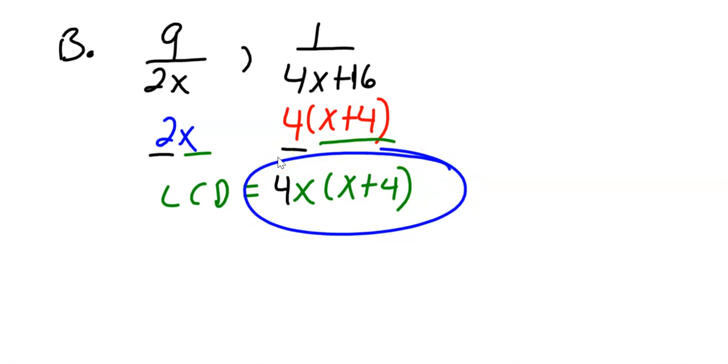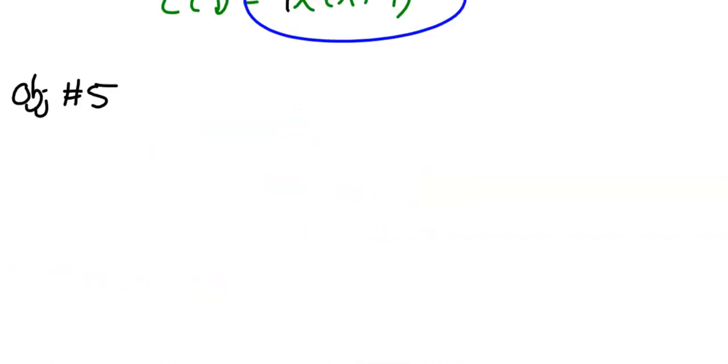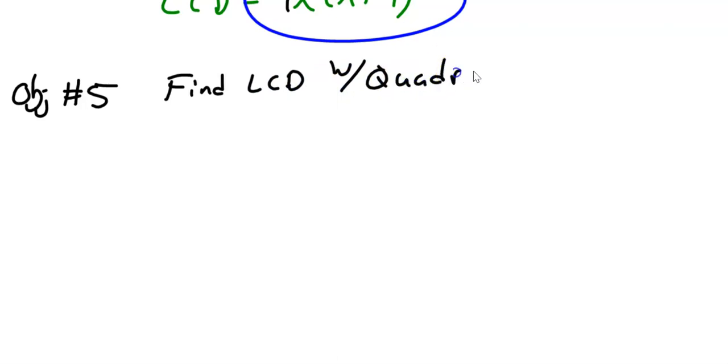Okay. And objective 5, same setup, same type thing. The only difference is now with objective 5, you have quadratic denominators. But it's still the same thing.